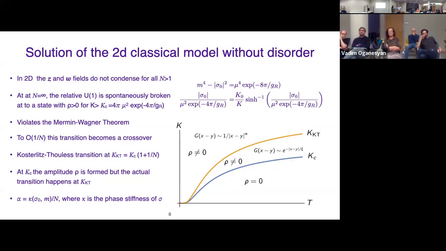And then you go to 1 over n, and you find that the fluctuations of the phase field essentially have a logarithmic singularity, because the fluctuations of the phases are logarithmic in two dimensions.